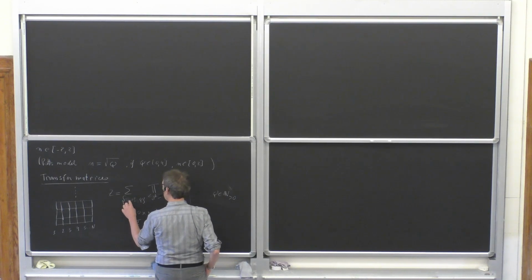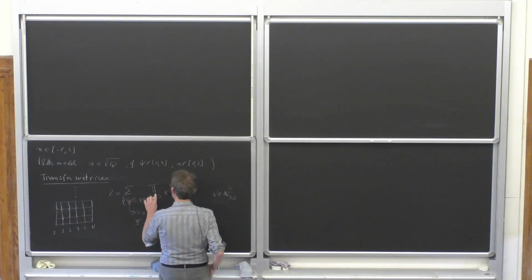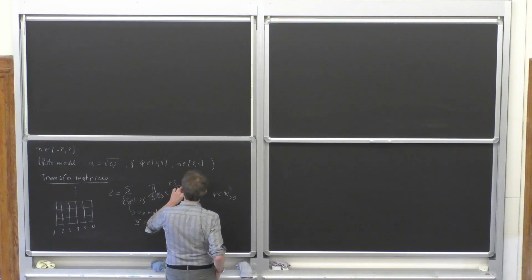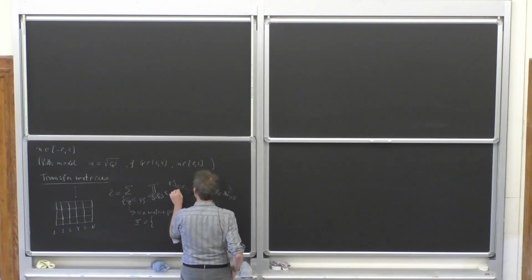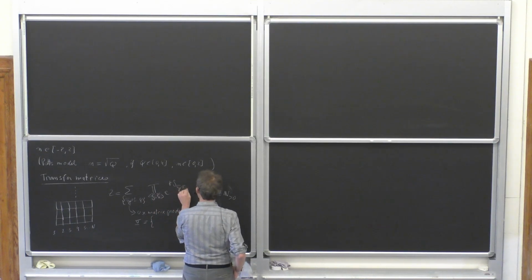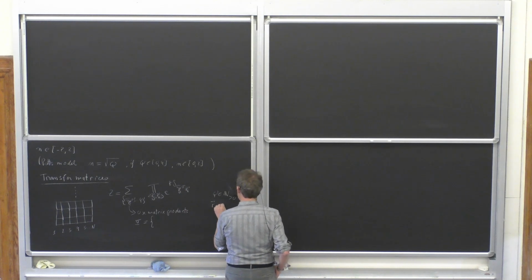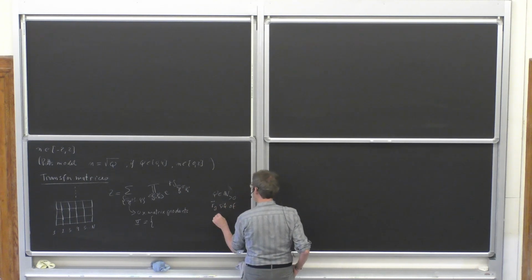Here, I was a site of the lattice, so allow me now to call it Ri, because Ri is going to live in 2 dimensions. So this is a site of the original lattice, Rj, a site of the 2D lattice.